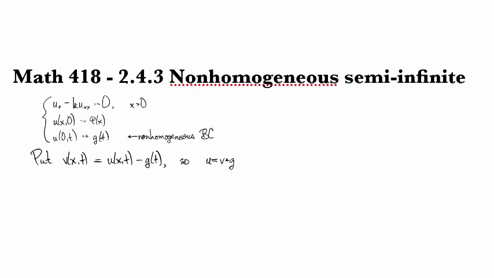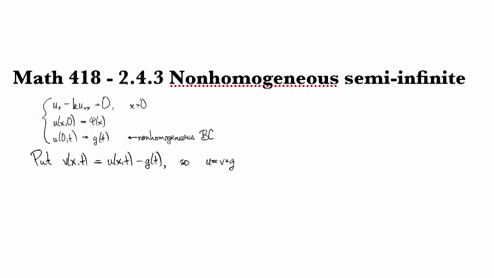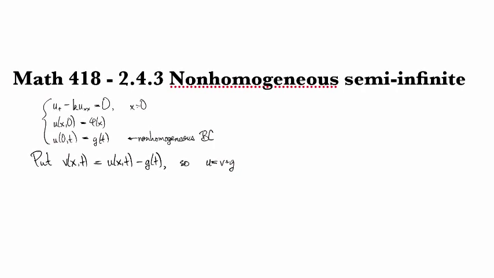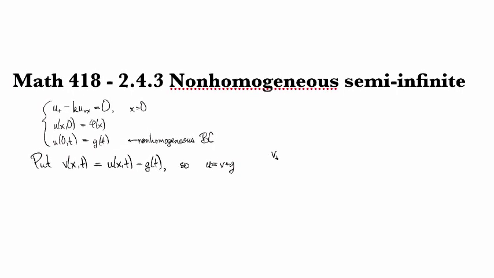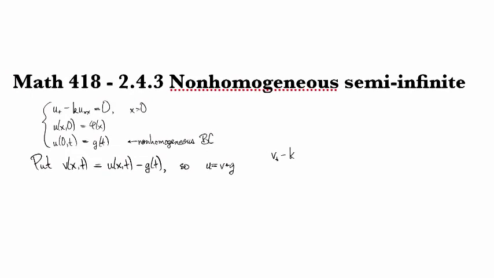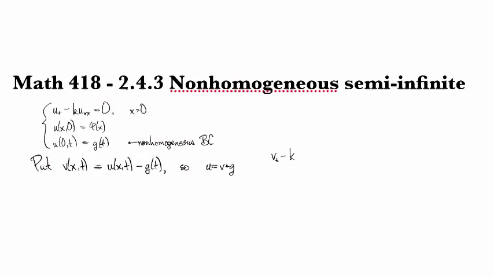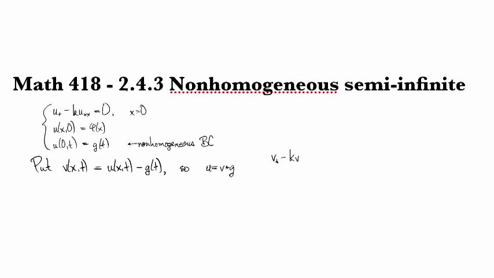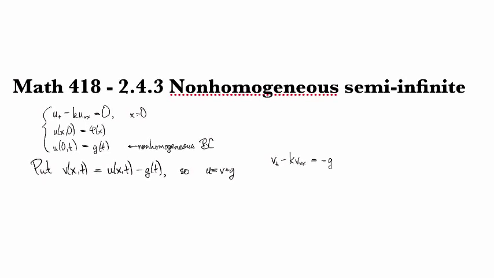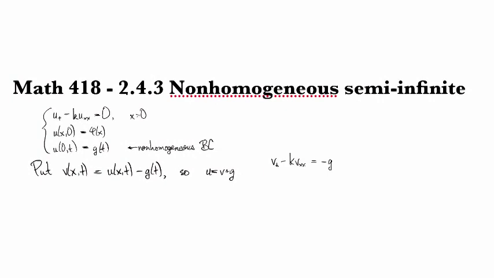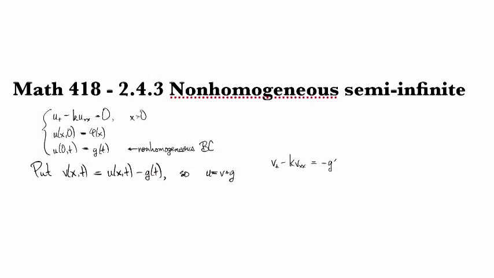And what we get, making this substitution into the differential equation, is that v satisfies v_t minus k v_xx equals minus the t derivative of g, but g is a function of a single variable, so I'll just write g prime.